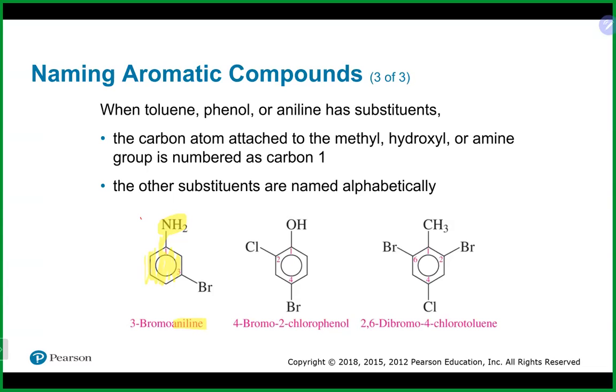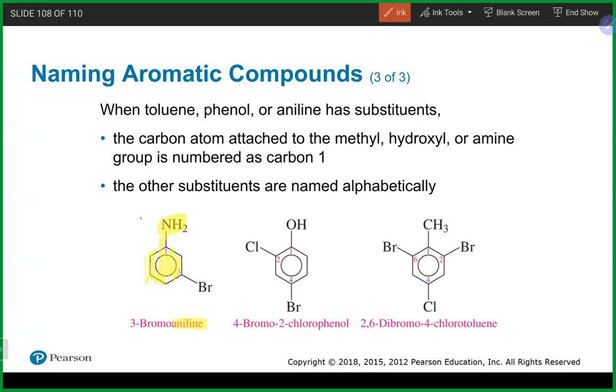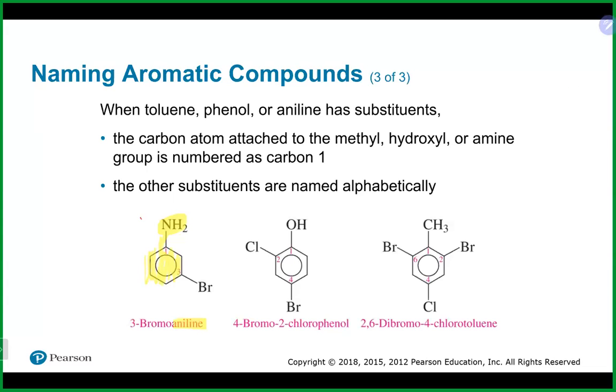And because that is kind of like the longest carbon chain, and that's an important functional group, that would make this group carbon number 1, which means if we go clockwise here, that's going to give us the smaller number there for our bromine, and that is how we get to the 3-bromo part of the name. So this would be 3-bromoaniline in this case.